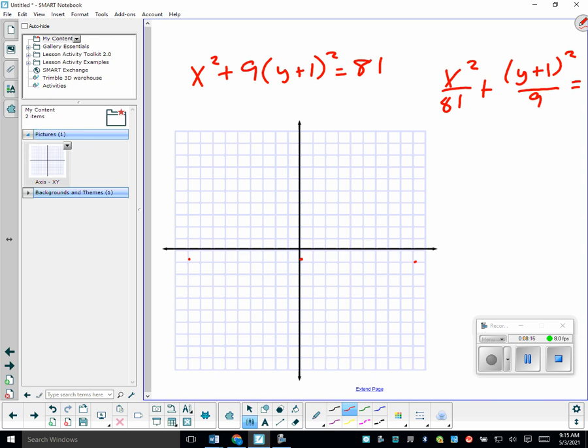So I go up 3 and down 3. Why is it that we're going down 1 again? Because the center is 0, negative 1, and I always go from the center.